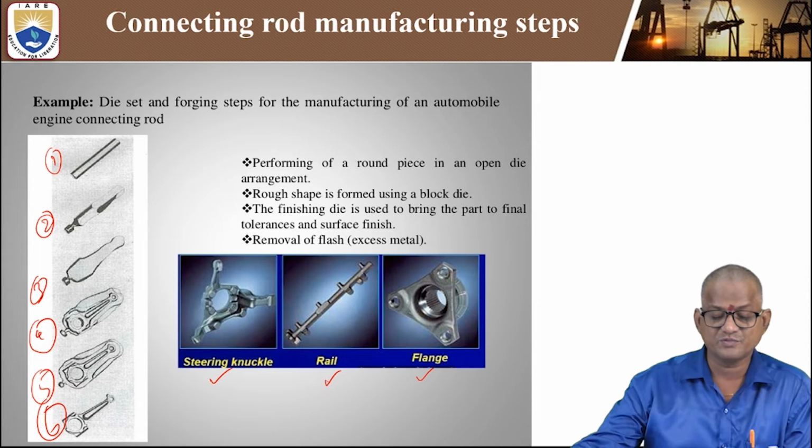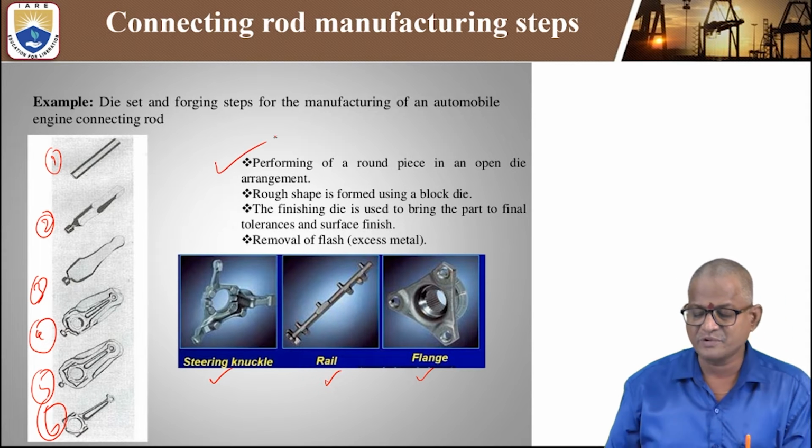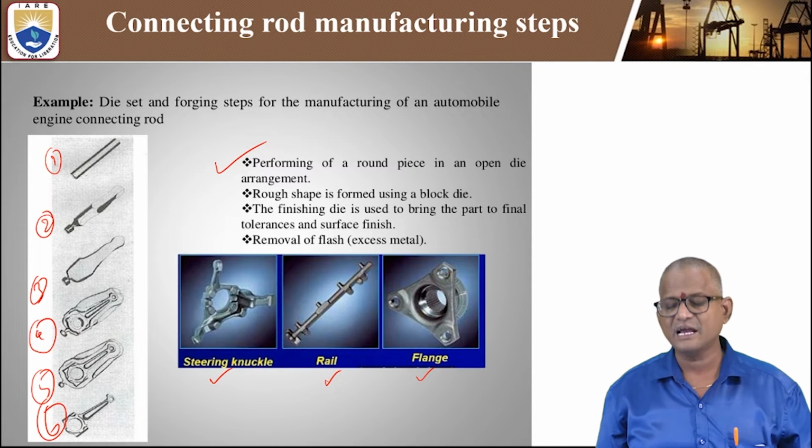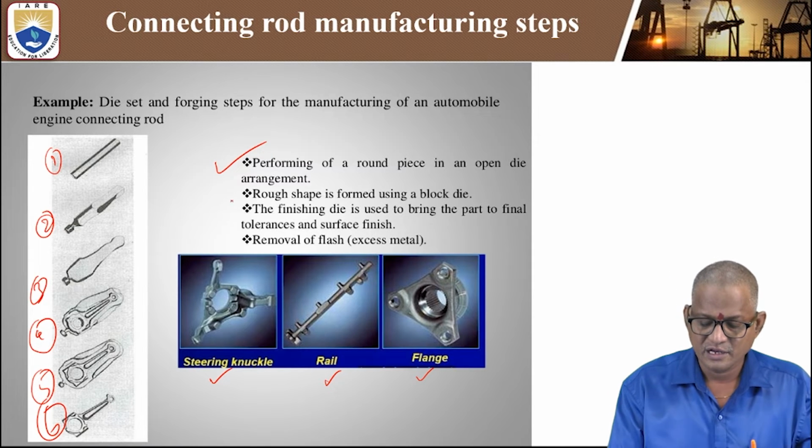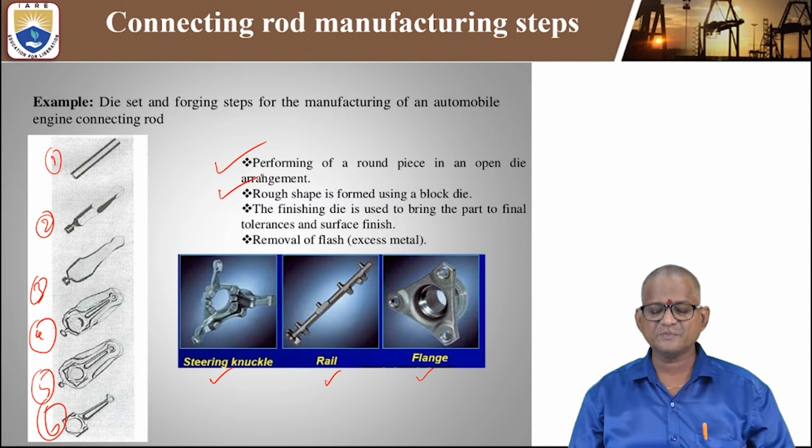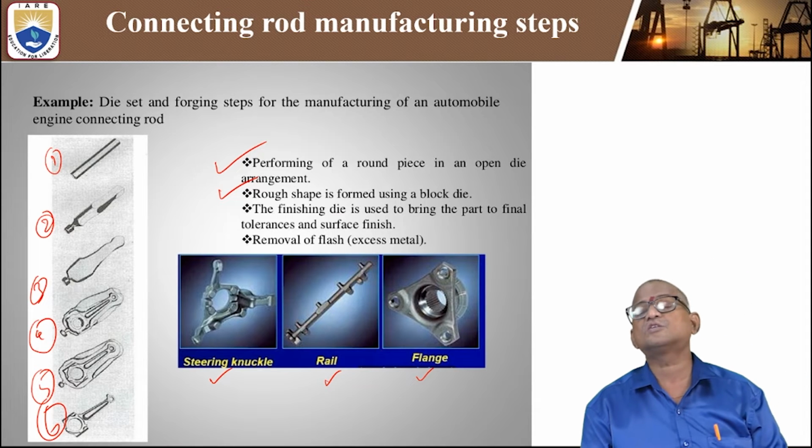The first and foremost important point is performing a round piece in an open die arrangement. The second point is that a rough shape is formed using the block die.